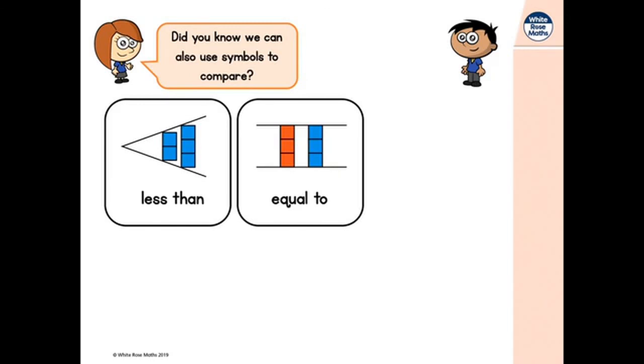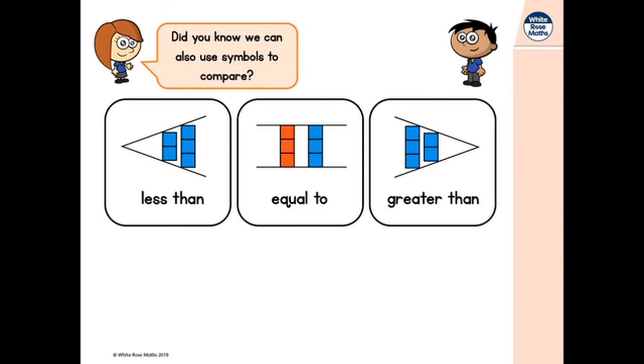We can also use the equal sign, and the equal sign here shows that 3 blocks is equal to 3 blocks. And finally, we can use this symbol, the greater than symbol. And this is shown because 3 blocks is greater than 2 blocks.